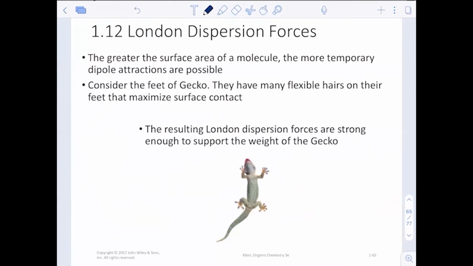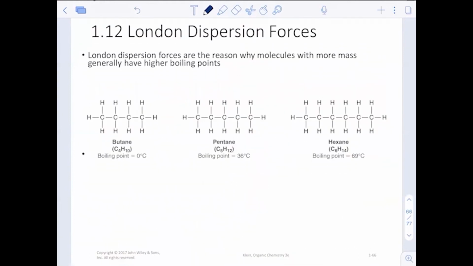They're interacting with the surface of the wall, whether it's a window or concrete or wood. They're interacting and sticking slightly because of the increased amount of surface area, a lot of flexible hairs that maximize that surface contact. And so they can add up. Really, really cool type of example there.